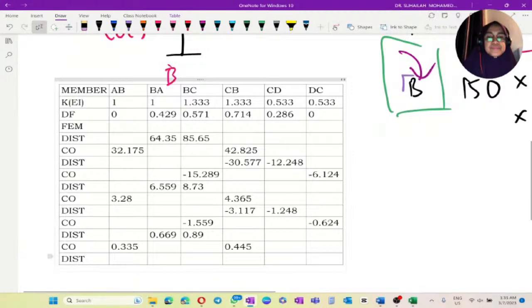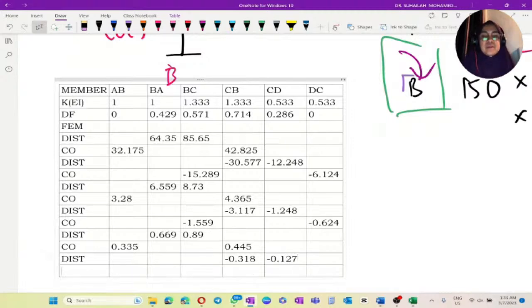Distribution. It is 0.445 times 0.714. It is negative 0.318, and the other is 0.127.